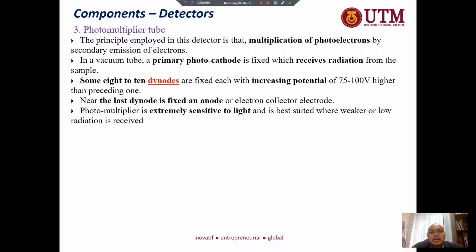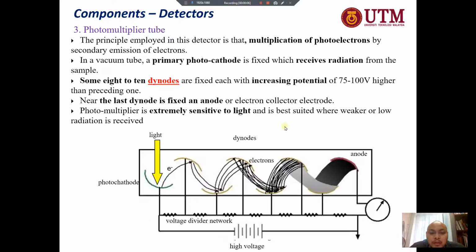Okay, here is the schematic figure of the photomultiplier tube. Again, here we have the light source. For example, here's your sample, here is your incident light, and here is your emitted light. The emitted light will first reach the photocathode.